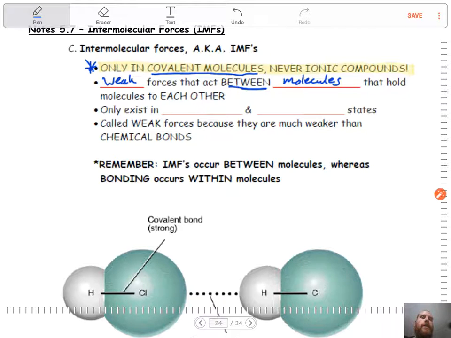These IMFs only exist in the gas and liquid phases. When we do our KMT unit, kinetic molecular theory, later on in the year, and we discuss all the phases of matter in detail, we'll come back and touch on these intermolecular forces even more, so they're not going to go away. So really know your definitions now. We'll apply these forces more later on in the year.